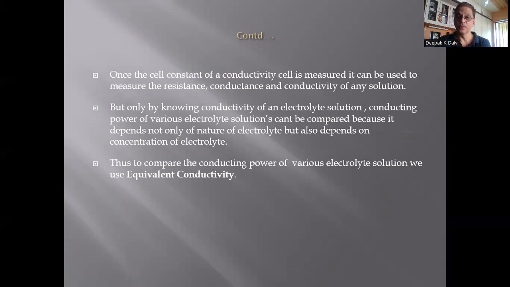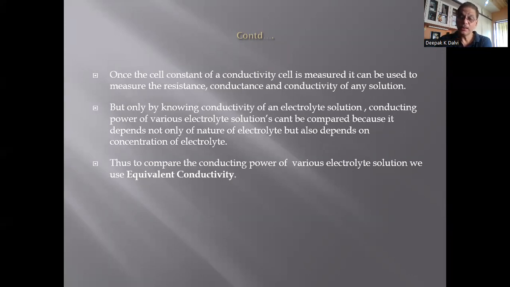Because the conductivity cell is dipped in the solution and analysis takes place, once we measure the cell constant of the conductivity cell, then we can measure the resistance and conductivity of this solution.